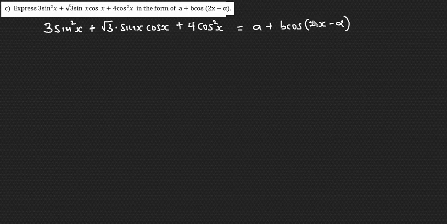You can see that the double angle is needed because we shall be getting cos 2x and sine 2x, so we need to create a cos 2x and sine 2x here. But the sine 2x can be got from here.